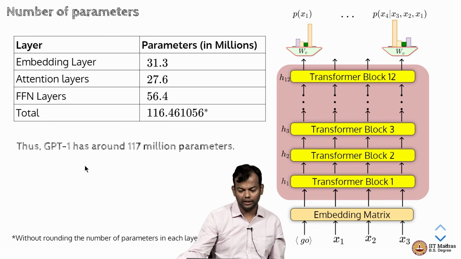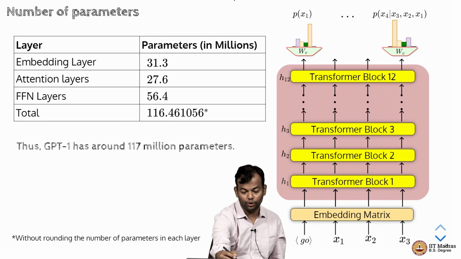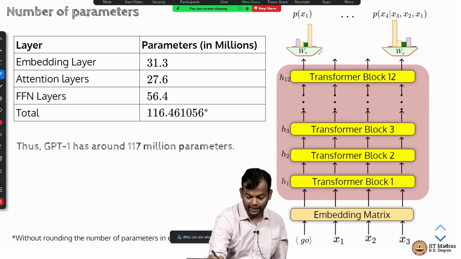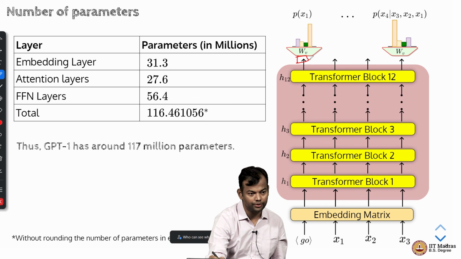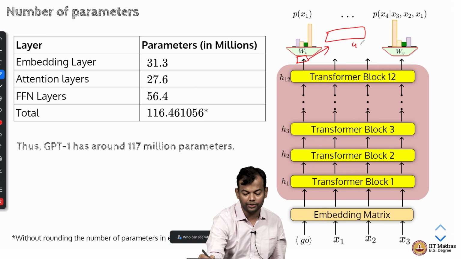Now, one thing which we did not do is that at the end, you get 768 dimensional outputs, right? That you again transform to a 40,478 dimensional output, because this is the probability distribution, right?